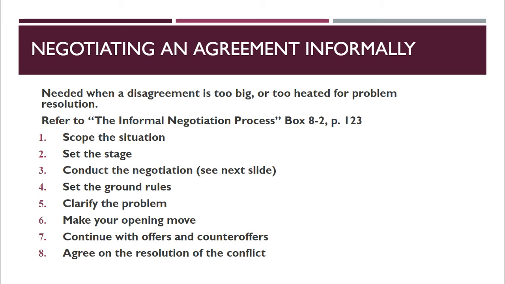So refer to box 8-2 on page 123, the informal negotiation process, and it discusses the scope of the situation, and then you'll set the stage for negotiation. You'll conduct the negotiation. You'll set the ground rules, then you'll clarify the problem. You'll make your opening move, and you'll continue with offers and counteroffers, and then agree on the resolution of the conflict.